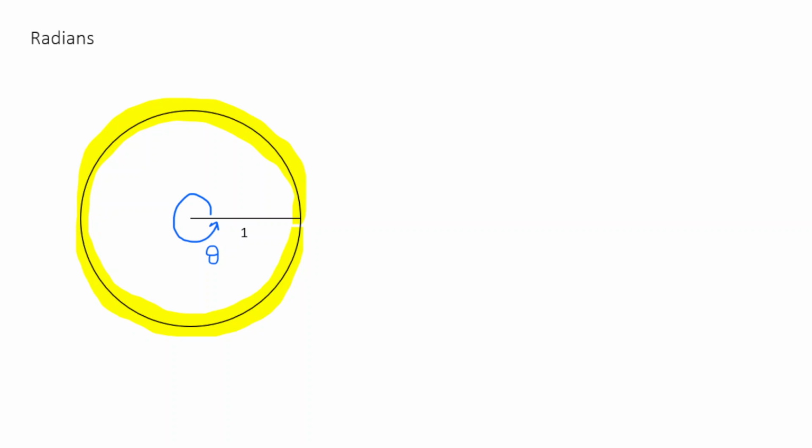But that arc length is just the circumference of the circle, and we know that the circumference of a circle is equal to 2 pi r. That's the definition of the circumference. So if our radius is equal to 1, then our circumference, which in this case is just our arc length, is equal to 2 pi. So if our arc length is 2 pi, then our angle must also be 2 pi.